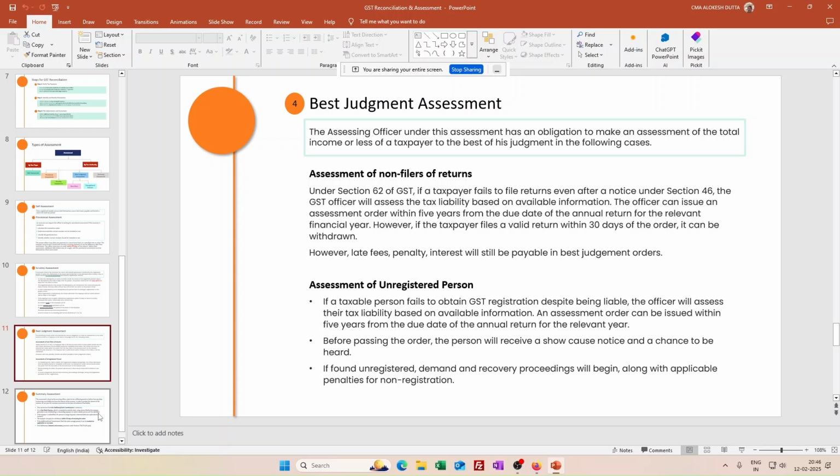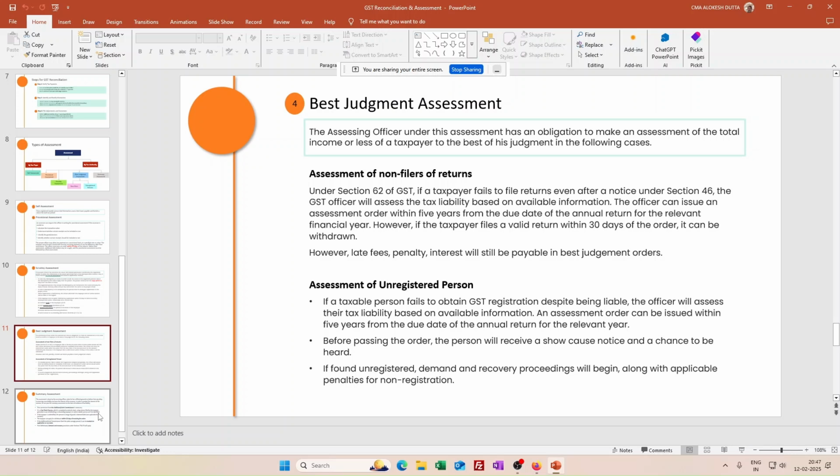There is a litigation. Now case, counter case, appeal, counter appeal. But as per the GST Act, there is a provision for best judgment assessment where the registered dealer has failed to file the GST return.